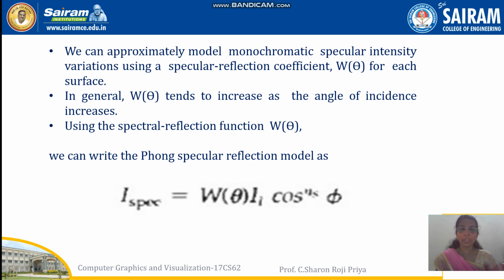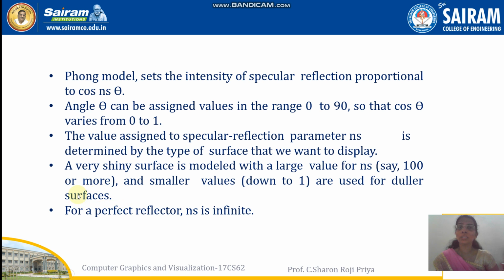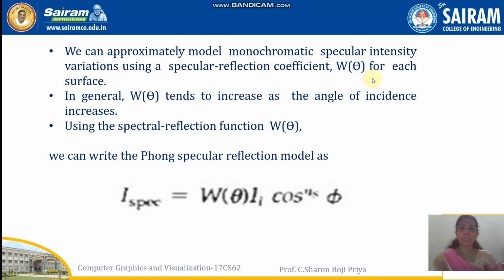We have seen the Phong model sets the intensity of specular reflection proportional to cos phi, and since it is proportional, we are supposed to include a constant. So I'll include a constant W theta, which is for monochromatic specular intensity variation.